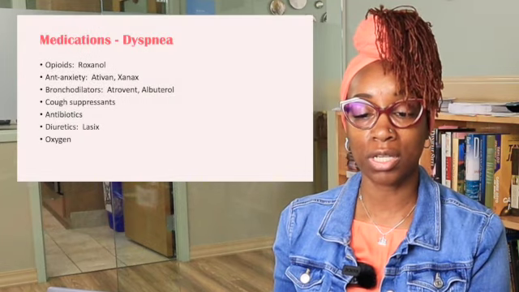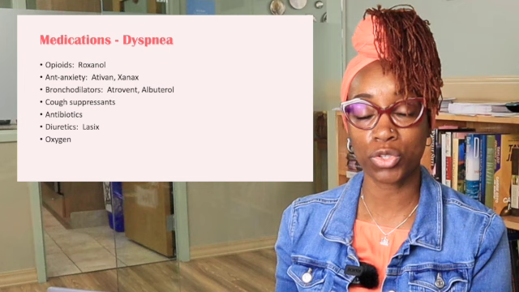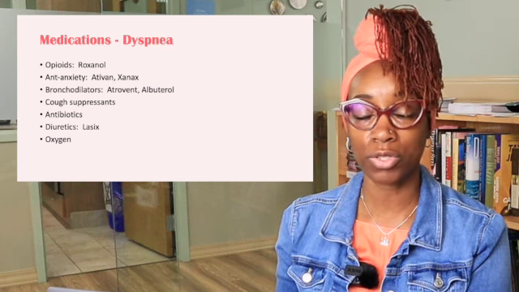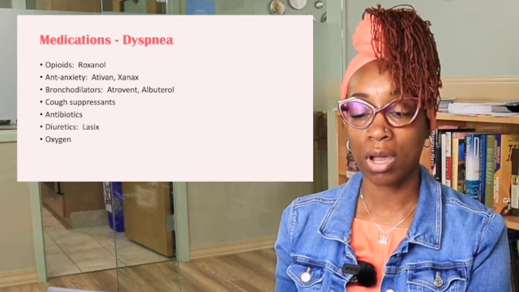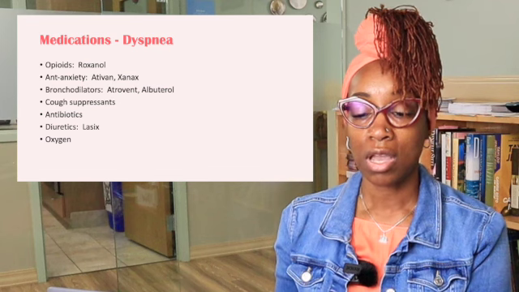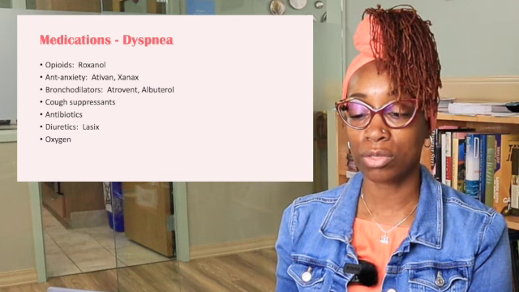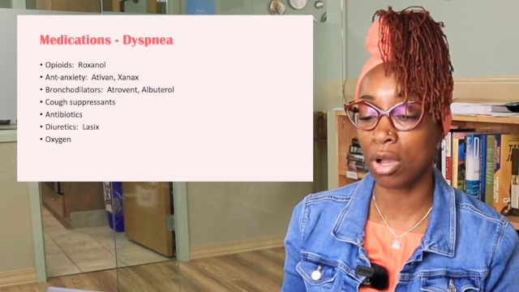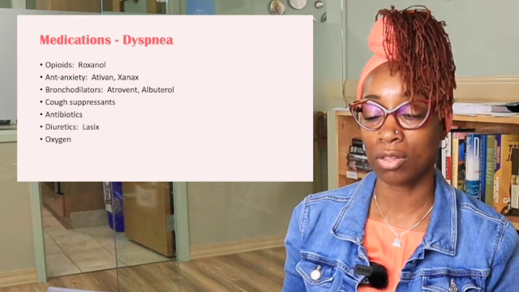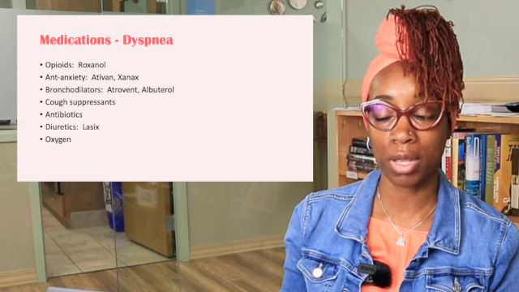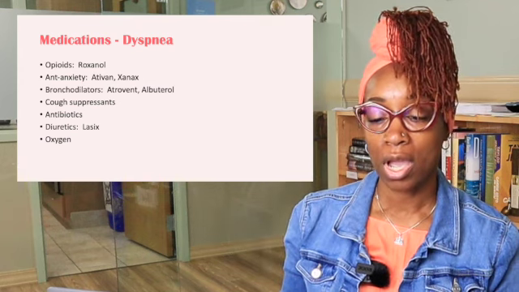Medications that you'll see utilized for shortness of breath or dyspnea would be the liquid morphine, which is the Roxanol, anti-anxiety medications like Ativan or Xanax, bronchodilators, the Atrovent or albuterol. We have a lot of our residents on albuterol, whether it's the inhaler or the aerosol that we use the nebulizer machine for.